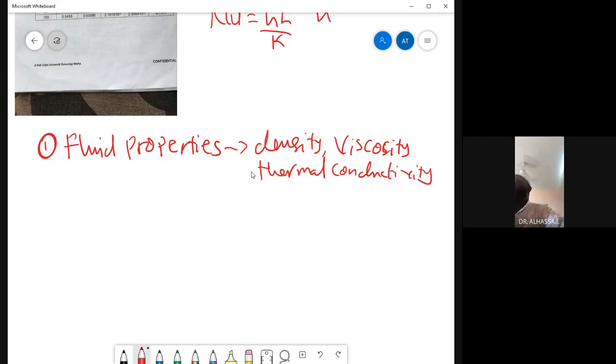These three properties of the fluid affect the value for h.